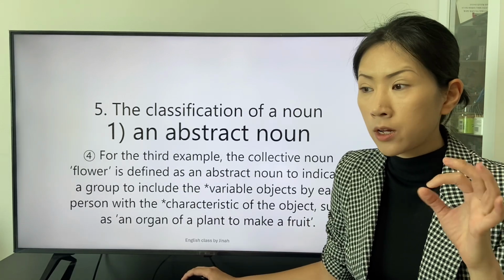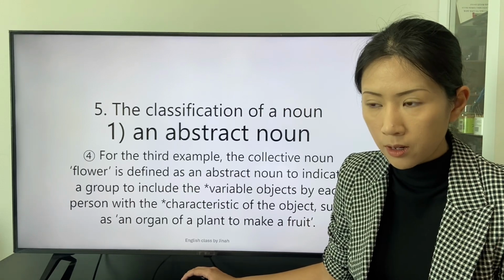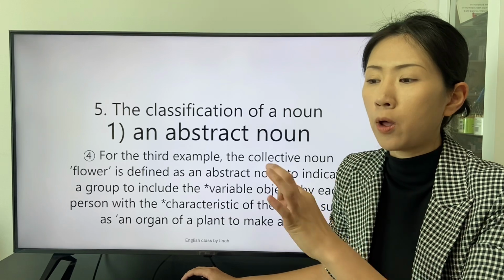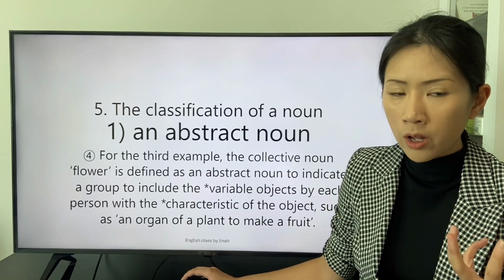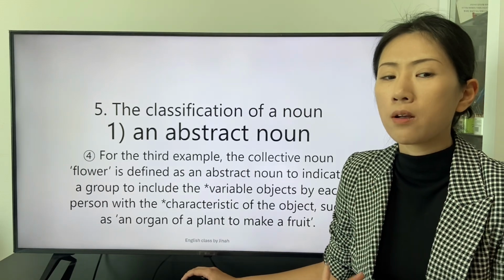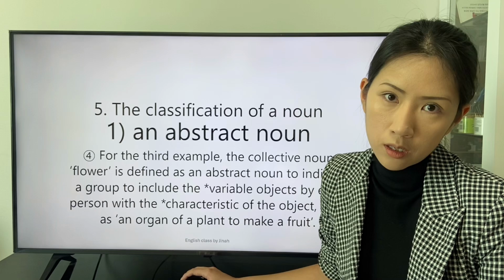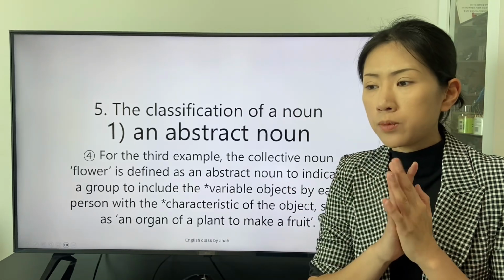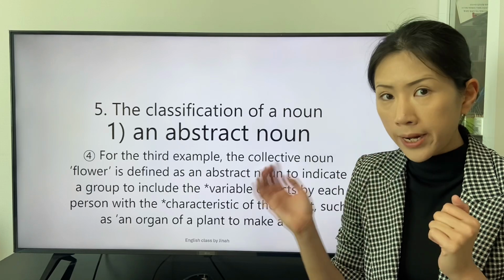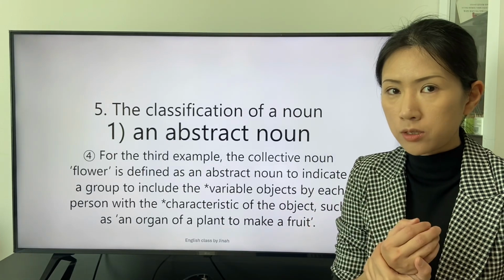The collective noun flower indicates a characteristic of a group of objects, like an organ of a plant to make a fruit, and it is metaphysical. People in the linguistic group define what the flower is with their own definitions.